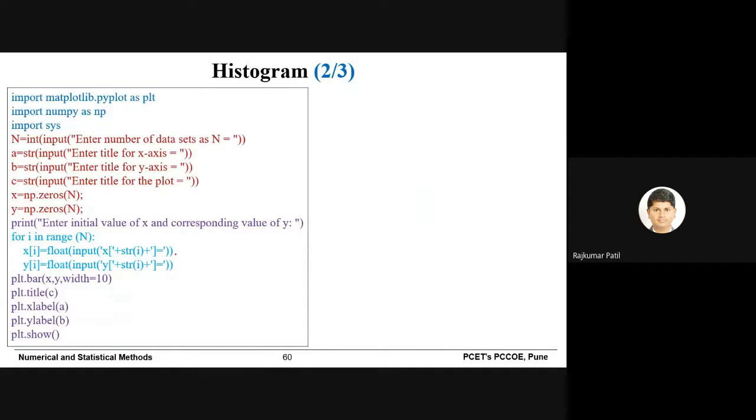So basically what we did, first of all, we imported some libraries which are essential to enter the data, to plot the chart, and correspondingly do some calculations. So these libraries we imported in the first step.